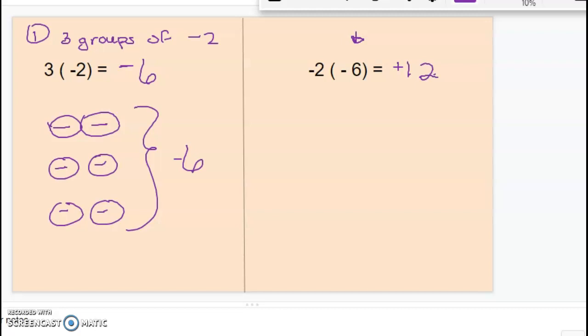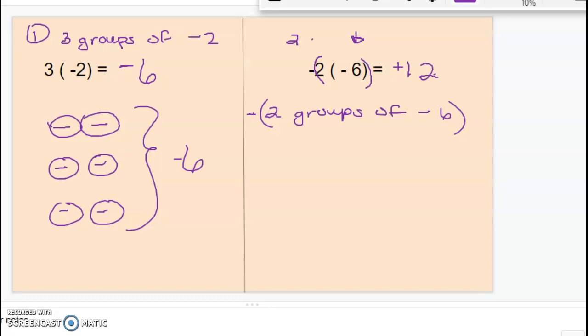All right, now let's look at this one. Well, I can't have -2 groups, so I'm going to say I have 2 groups of -6, right? And then I'm going to take the opposite of that. So I'm really going to separate this here.